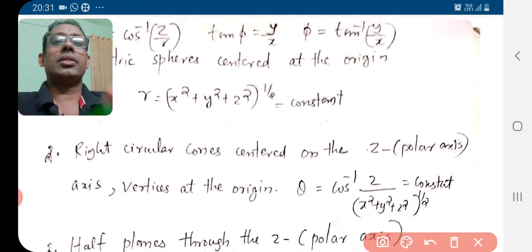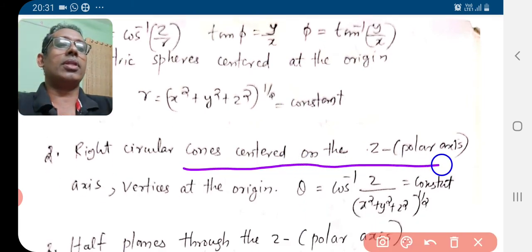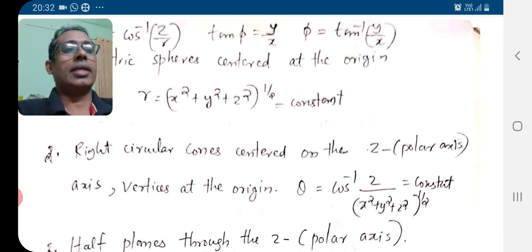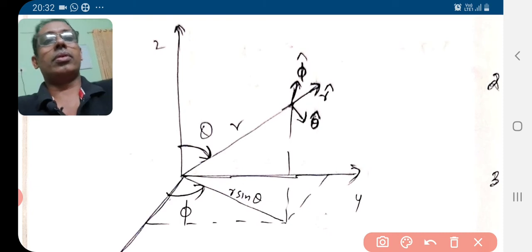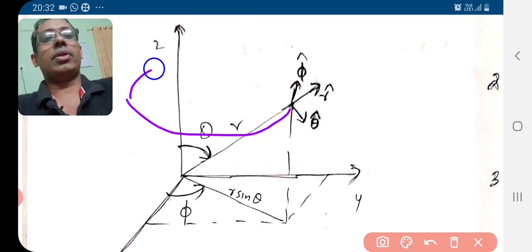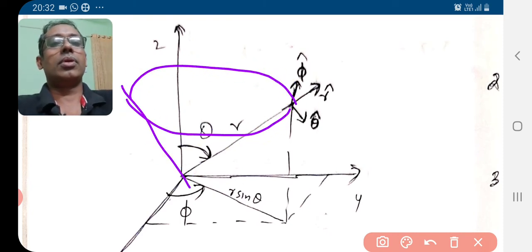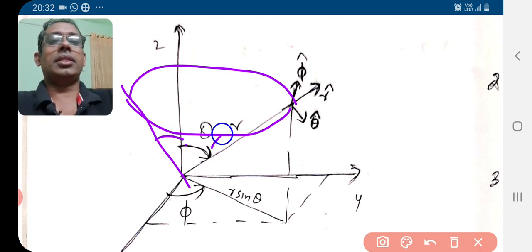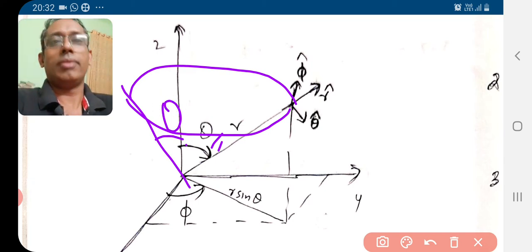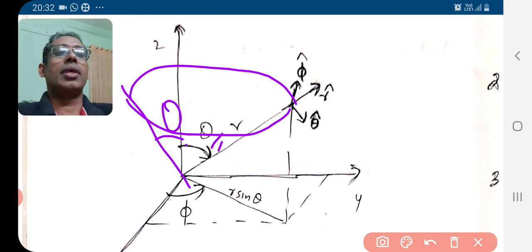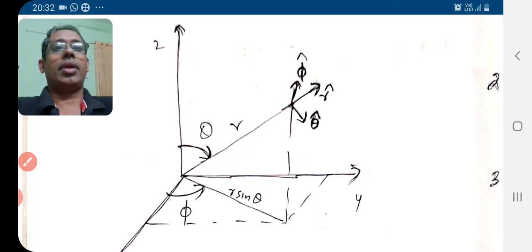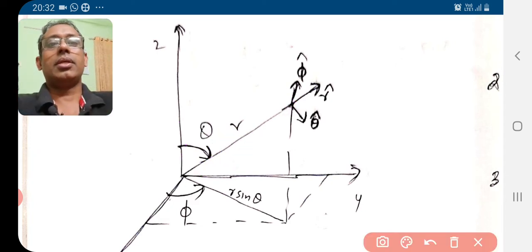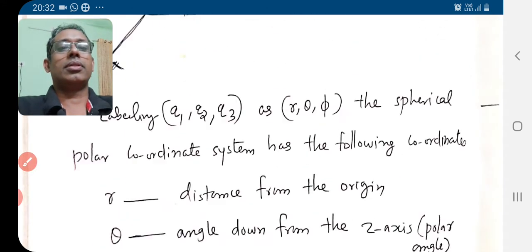And the second one is a right circular cone centered on the z axis. Everywhere on the surface of this cone, the angle will be theta. So that is another surface.